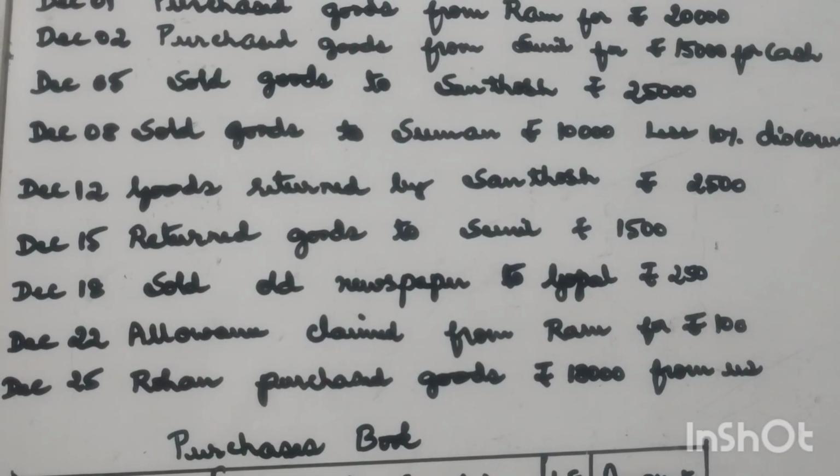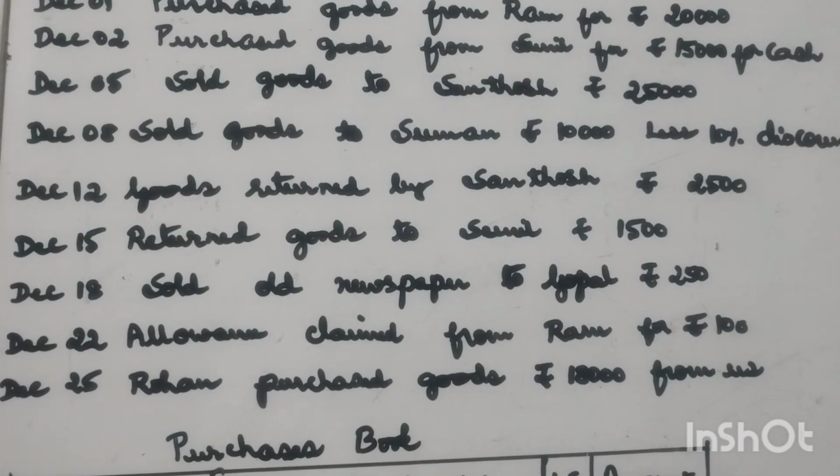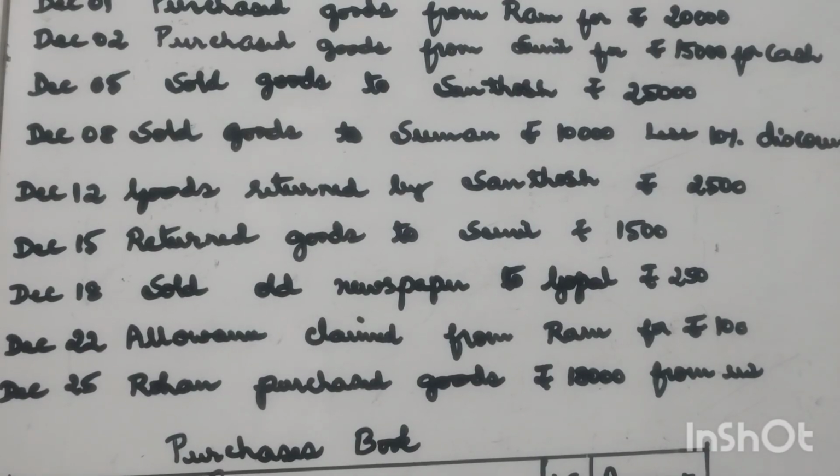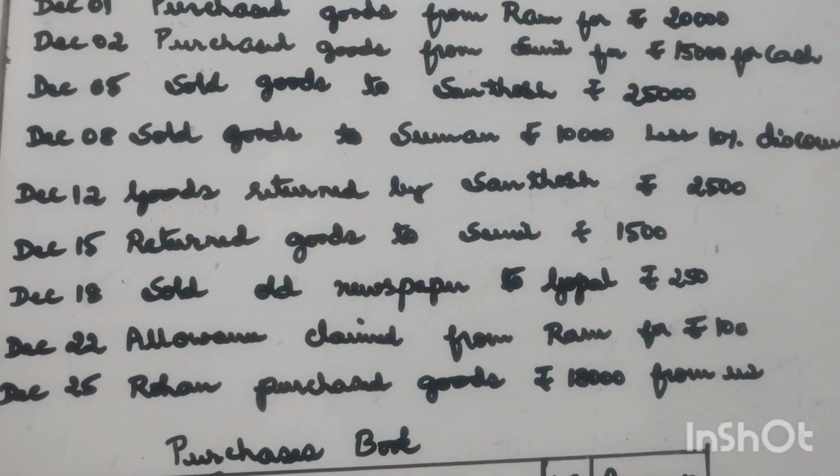Various kinds of subsidiary books: purchases book, purchases returns book, sales book, sales returns book. Purchases book, where credit purchase transactions have to be recorded. Purchase returns book, where purchase returns transactions must be recorded. Sales book, credit sales transactions have to be recorded in sales book.